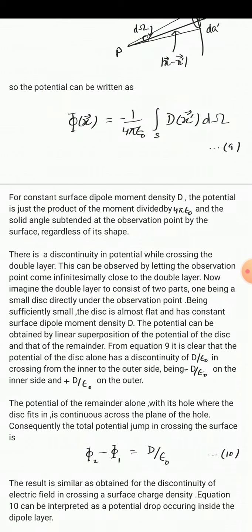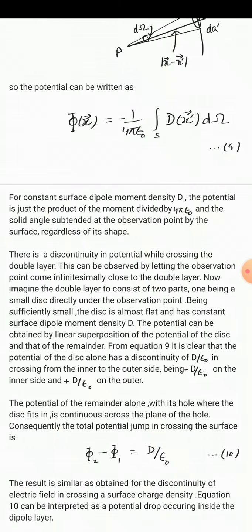Now if we imagine the double layer to consist of two parts, one being a small disk directly under the observation point, then being sufficiently small the disk is almost flat and has constant surface dipole moment density capital D. The potential can be obtained by linear superposition of the potential of the disk and that of the remainder. And from equation 9 it is clear that the potential of the disk alone has a discontinuity of capital D by epsilon naught in crossing from the inner to the outer side.